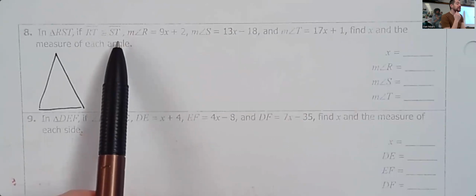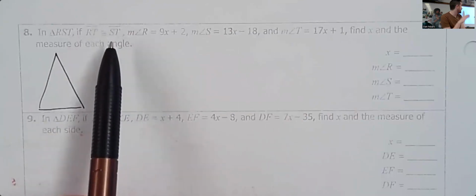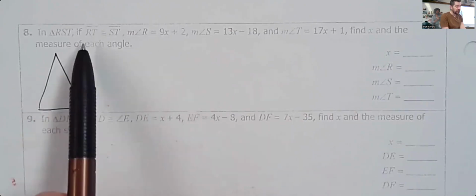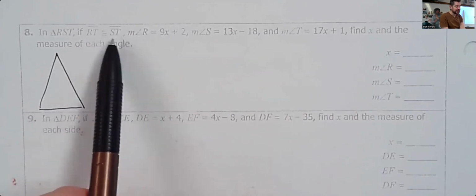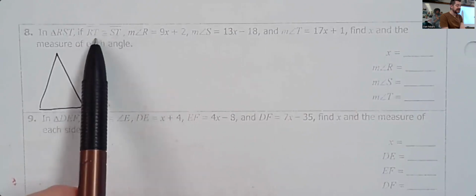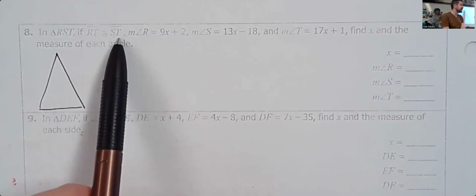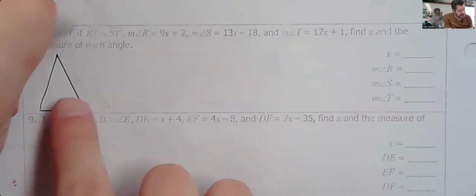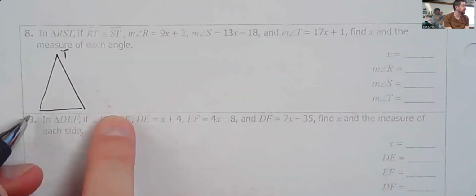So when you are trying to make your isosceles triangle on the diagram, the vertex angle will always be the one that is the same letter between the two sides that are congruent. So T and T, that means that T is the vertex because those two side lengths meet at point T. So T goes up here as our vertex, and then R and S can be either one of those.